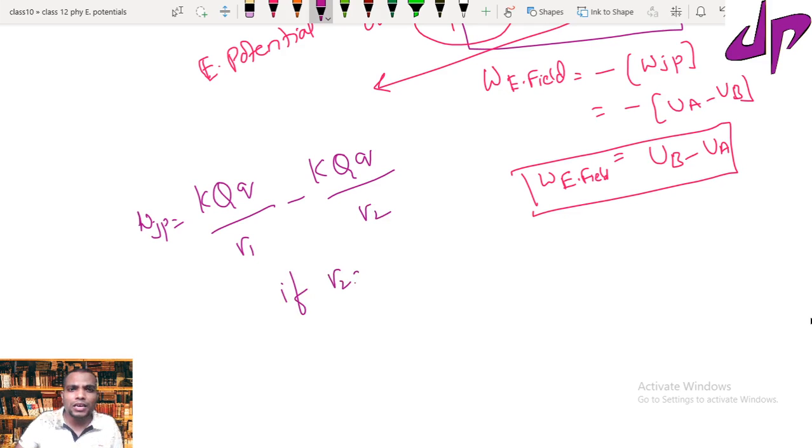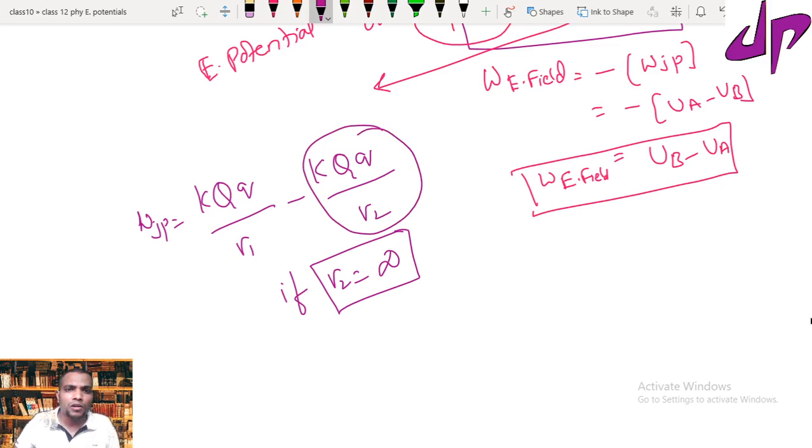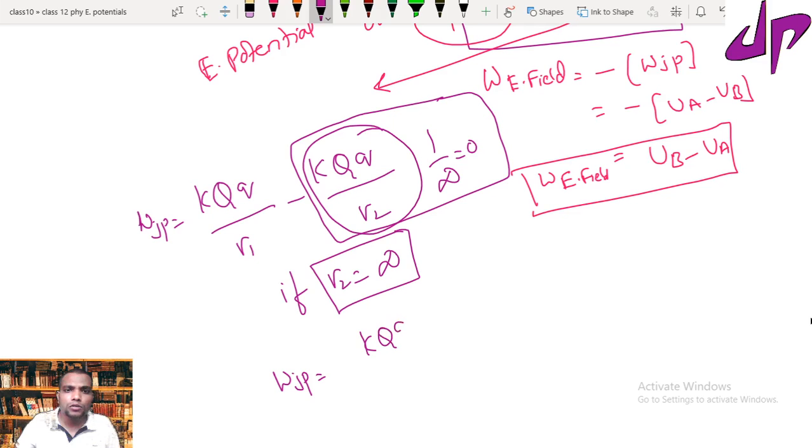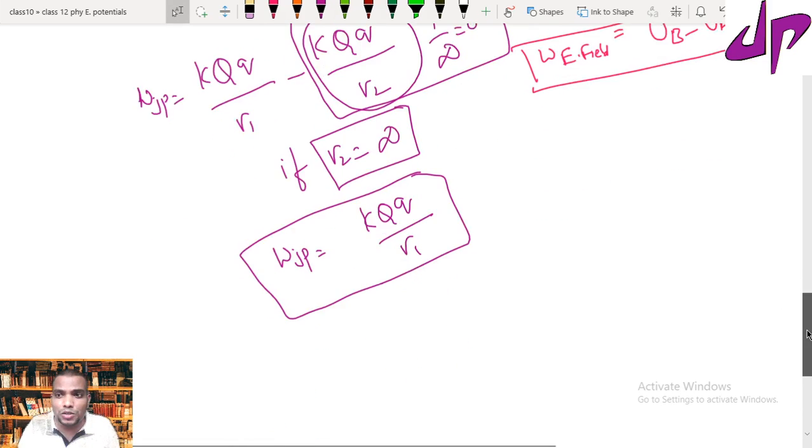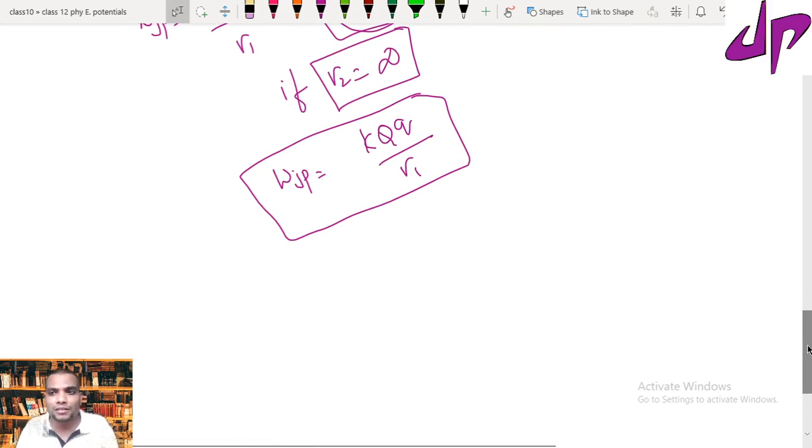If r2 equals infinity, which is the starting point I have taken, the second term becomes 0, because 1 over infinity becomes 0. So we can define the work done by me as equal to k q small q by r1. This is the convenient definition to define potential energy.